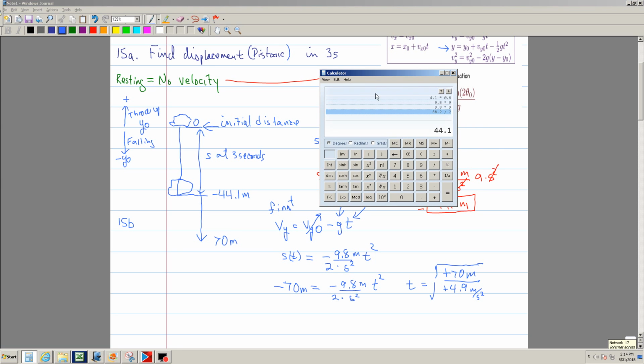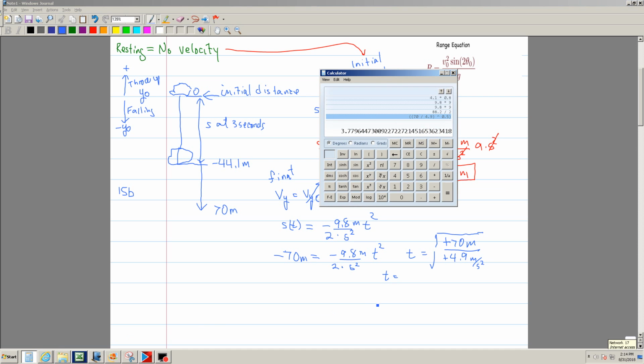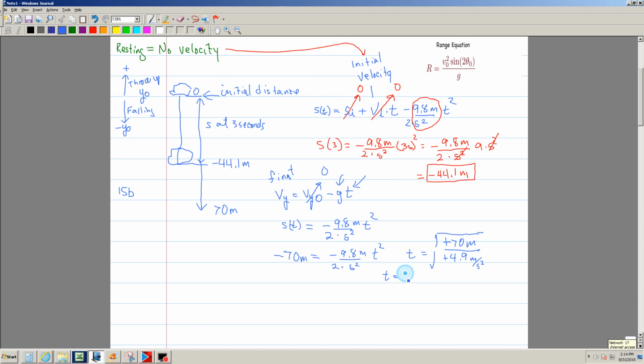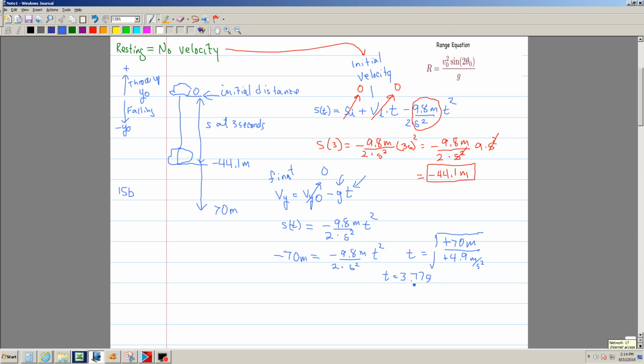Since it's a square root, we might get an error, but let's see what we get. 70 divided by 4.9, raised to the 0.5, is 3.77 seconds. Okay, so now we have the time.